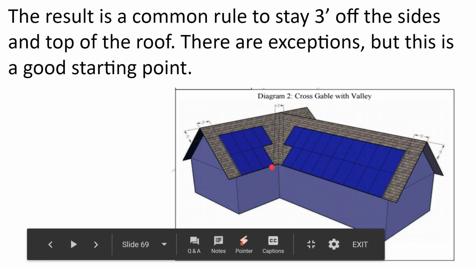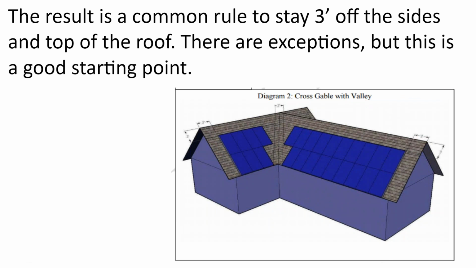For one thing, code is really encouraging, it's not hard and fast, but code is really encouraging the use of putting little electronic boxes behind every solar panel on the rooftop. And while that can help with de-energizing the array during a fire, it also puts a failure point on the roof that during normal operation fails and needs to be serviced.